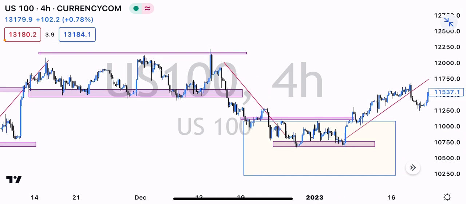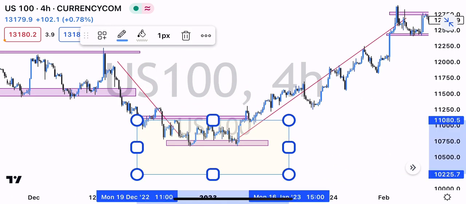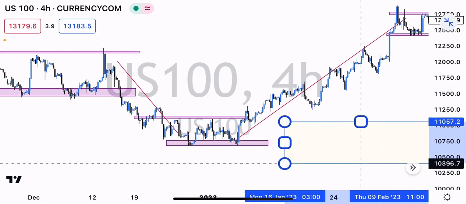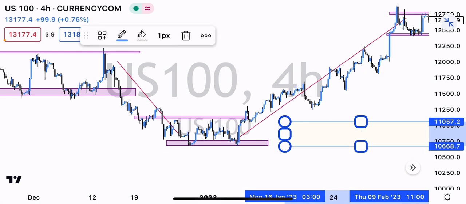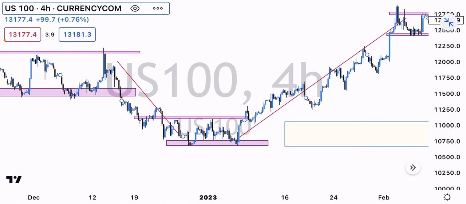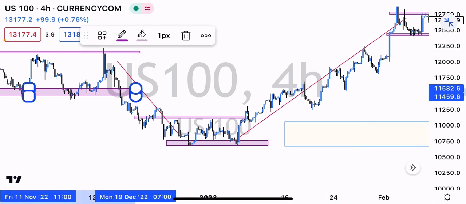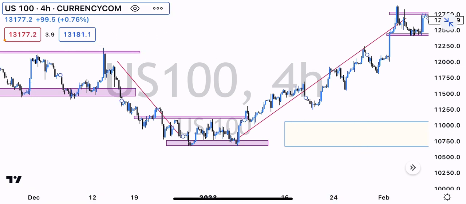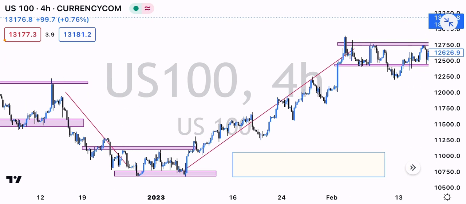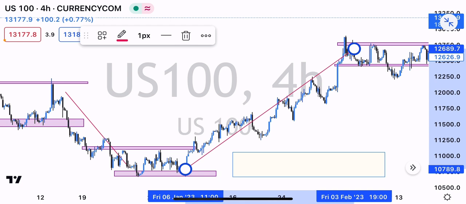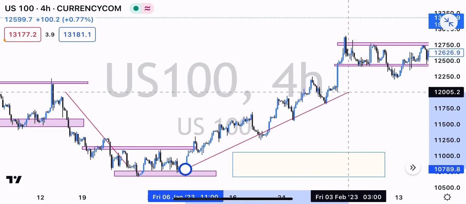Then after consolidating, it had to move for a long time because it comes all the way from this zone on the left. So it had a long way to go, which means it had to move in a form of a trend, which is here.